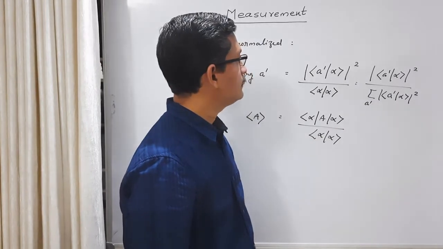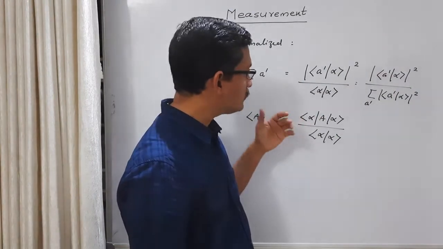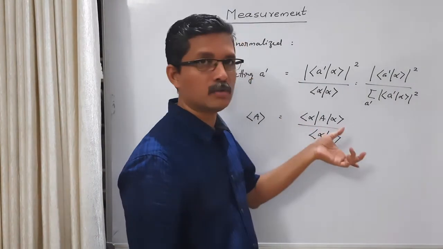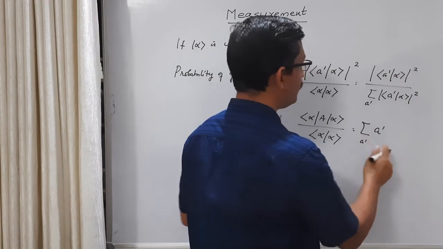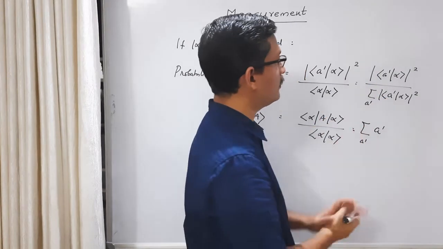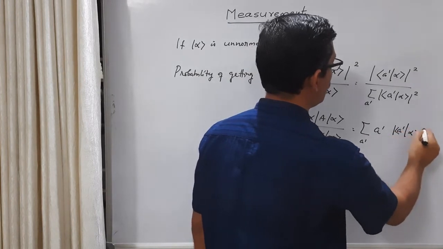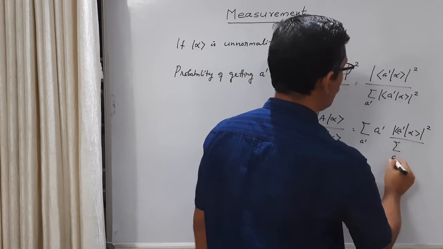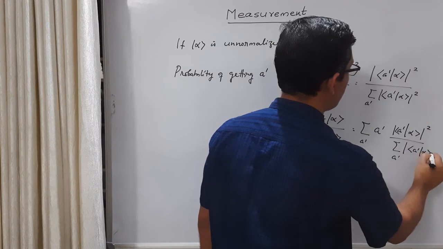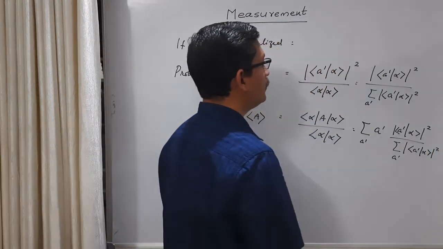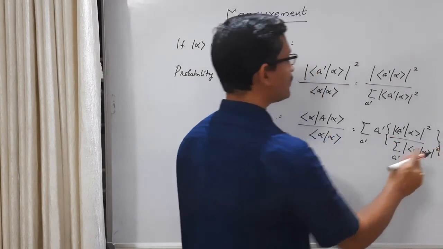Okay, so this will be the probability, and this quantity you can similarly, if you start with this quantity, you can show that this will lead to summation over A prime times the probability, where the probability will be this. That means you will get this A prime alpha square divided by sum over A prime, okay. So this is the difference. This will be the probability. And the basic result is the same.